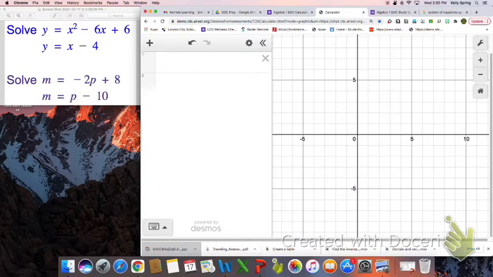This one is very similar, except instead of x and y, they're using m and p. Now before you put this into your calculator, you're going to need to change it to an x and a y. A lot of graphing calculators only recognize x and y. They don't know what those other letters mean.